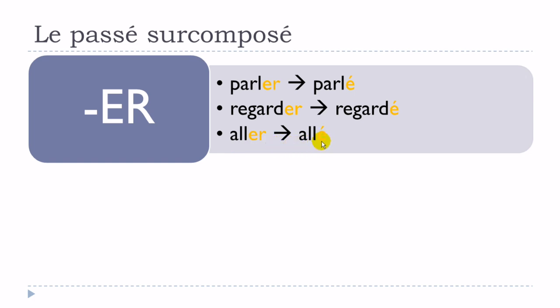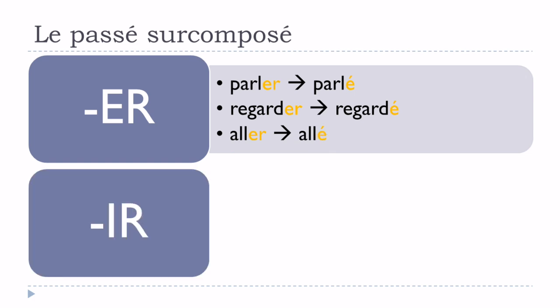So nothing tricky there. The second group, remember the verbs ending with er, but not all of them, because it's a common mistake. Not all of them are following these rules, because we've got another group of er verbs that will belong to the third group, so irregular verbs. But in that case, we're talking about the regular verbs ending with er.